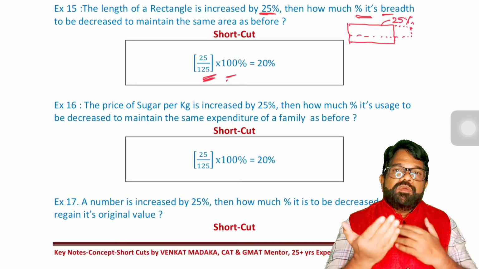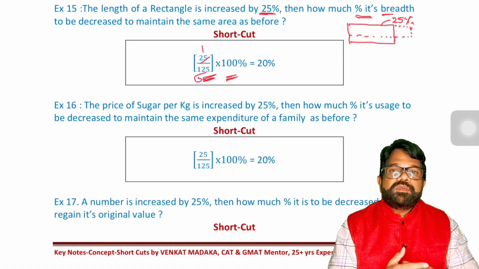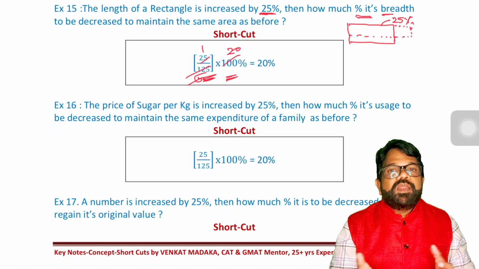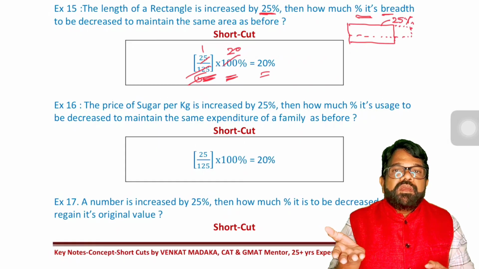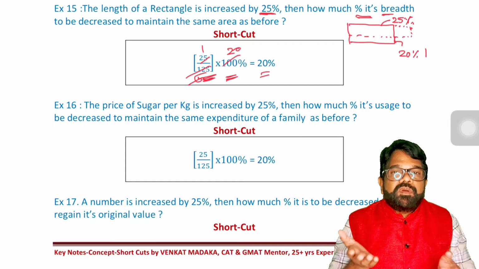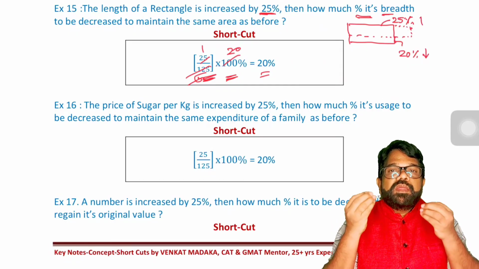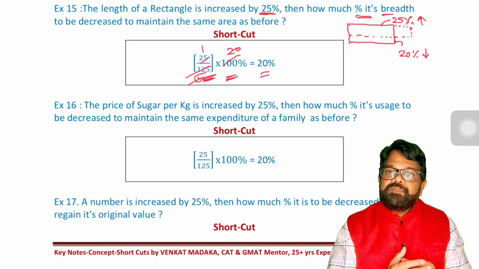R is 25, 25 by 125 into 100, 25 5s gets cancelled, 5 20s gets cancelled. So 20% decreases. So in a rectangle, length is increased by 25%. To maintain the same area, breadth is to be decreased by 20%.